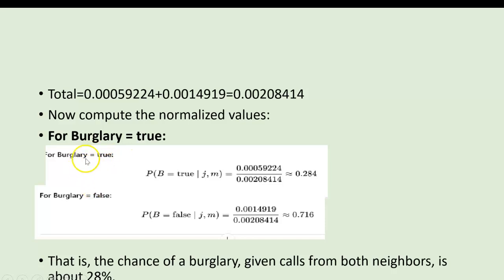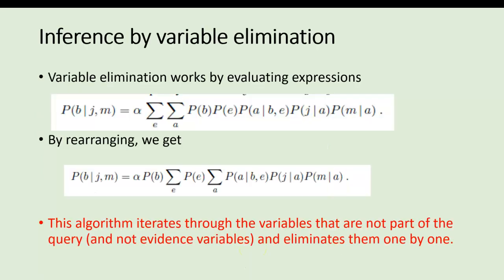So the normalized value for burglary equal to true is calculated, and similarly for burglary equal to false. It says the chance of burglary happening is 28%, and the chance of burglary not happening is 71%. So this is what is done in the enumeration method.